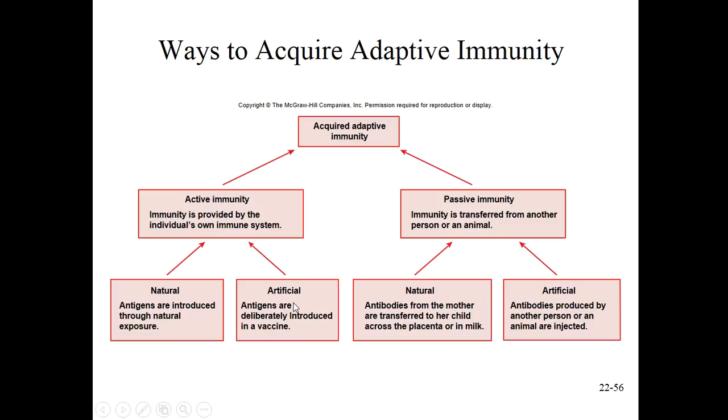So, for example, measles. I've never had measles, but my body knows what it looks like because I was vaccinated. I got the antigen, which my body responded to, and so now I'm immune to it.